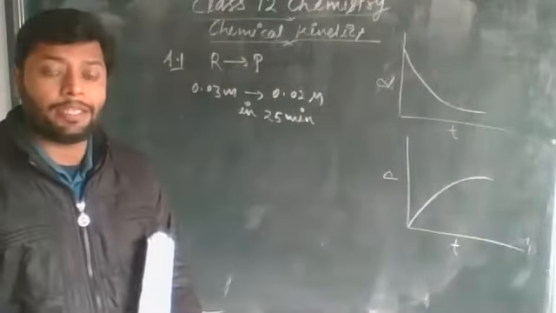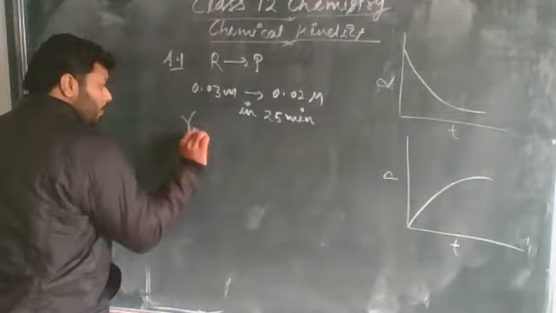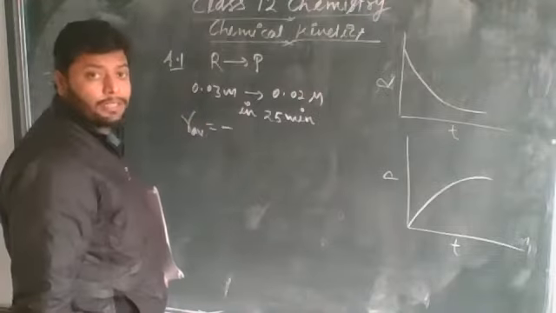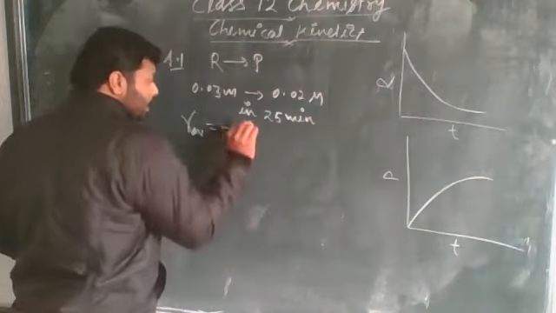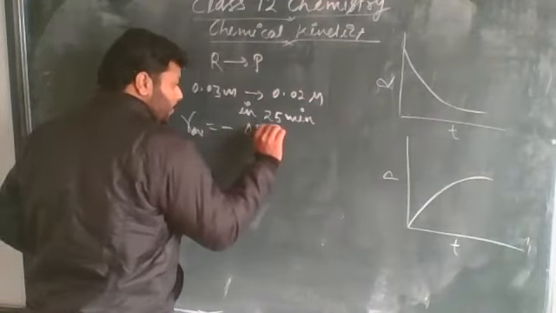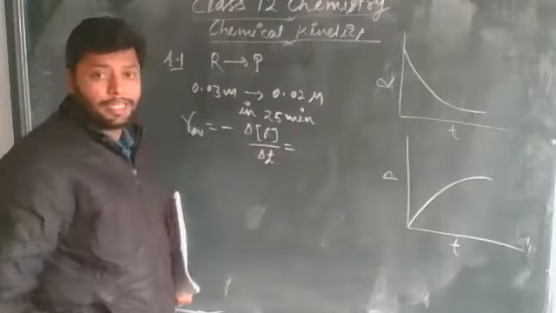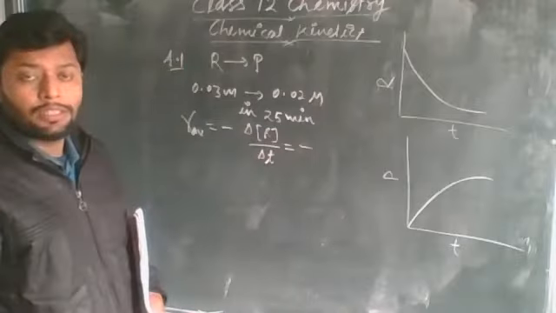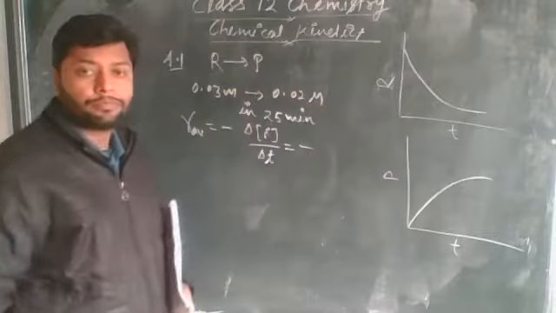So we have to calculate the average rate of reaction. We know that the average rate of reaction is equal to minus delta R upon delta t, since there is no stoichiometric coefficient. Delta R means the difference of the final value and the initial value.